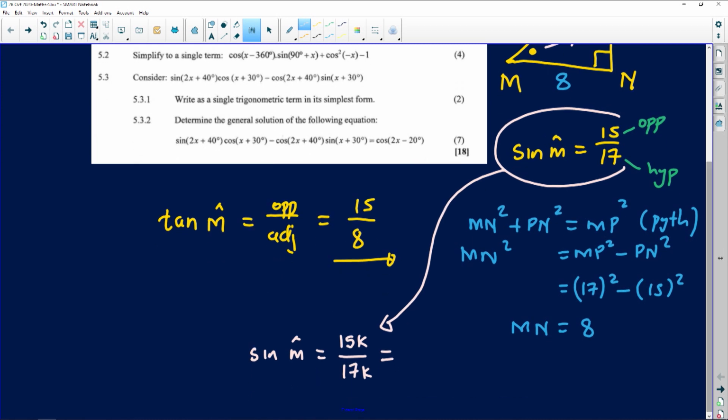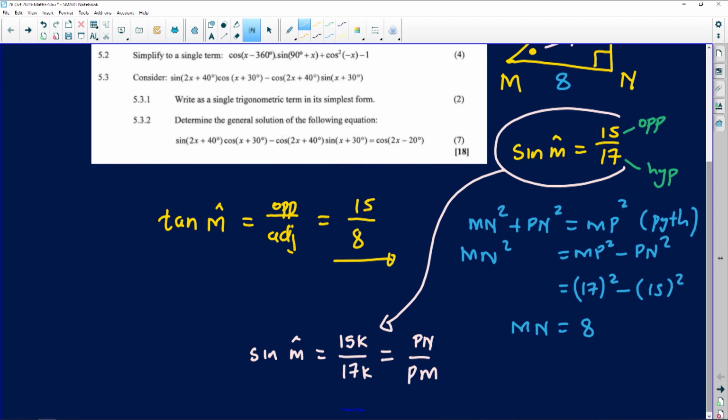That means the length PN is actually 15k, and the length PM is 17k. We don't know how long they are. We just know when you divide them, you're going to get 15 over 17. Now, calling the one 15 and the other 17 would be a flaw. I hope you guys can see where this whole thing is going. Very important for you to keep that in mind.